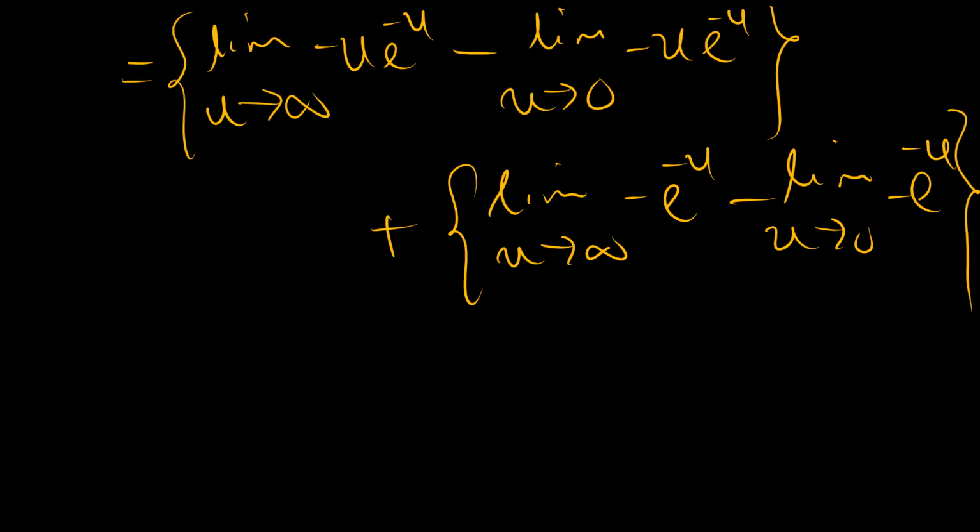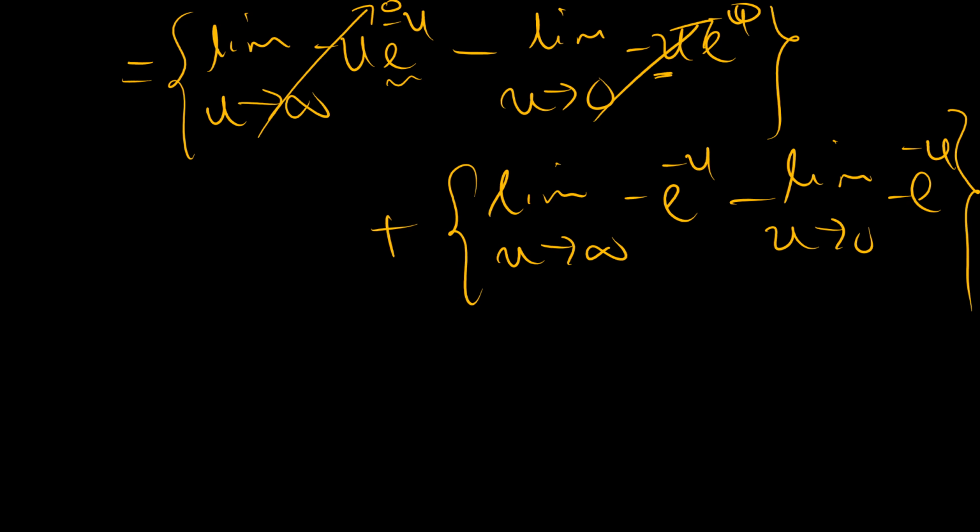As you can see here, as u tends to infinity, this part tends to 0, and so this entire term goes to 0. Here, as u tends to 0, this part goes to 0, so this entire term goes to 0.